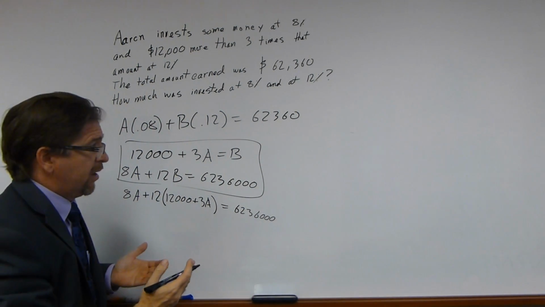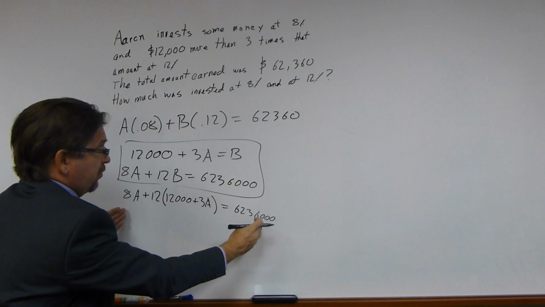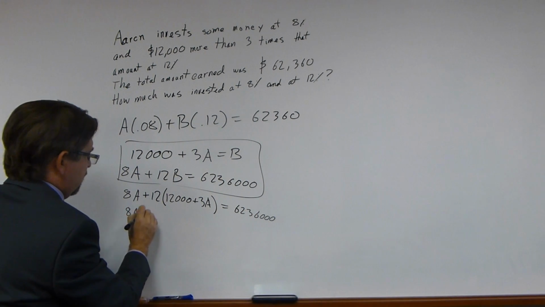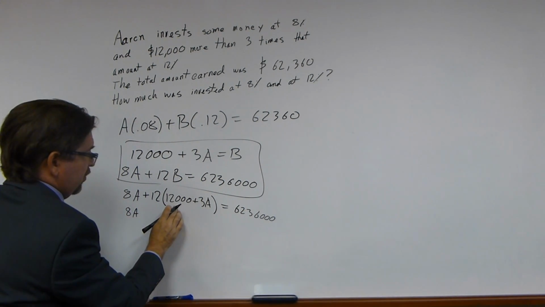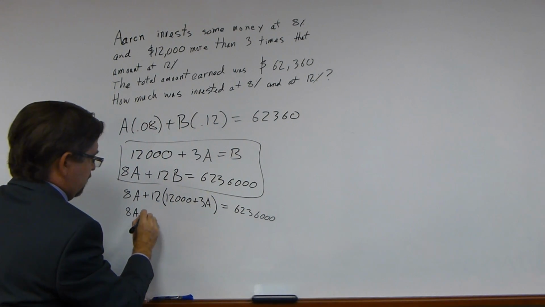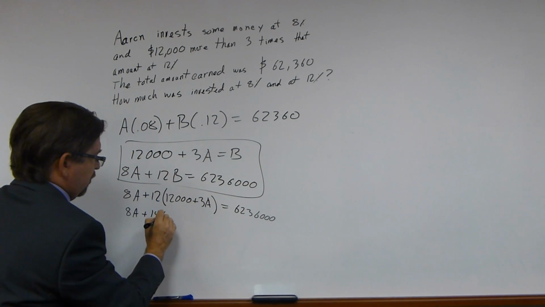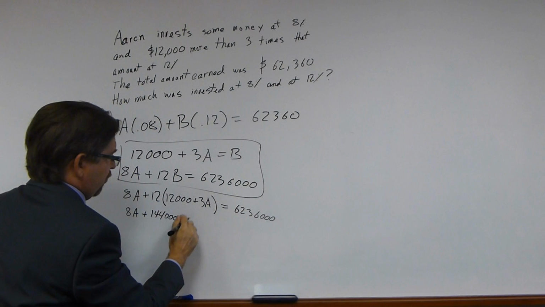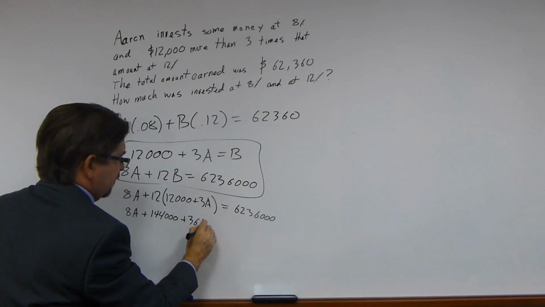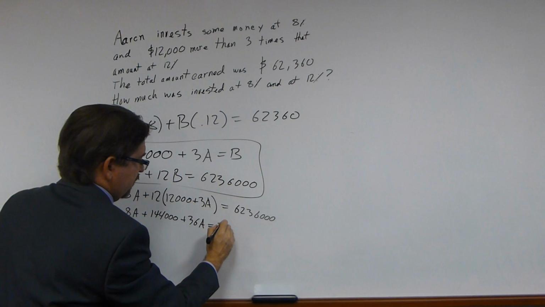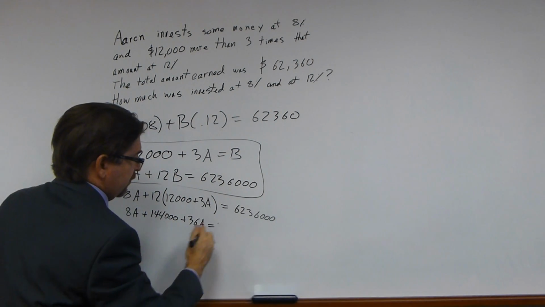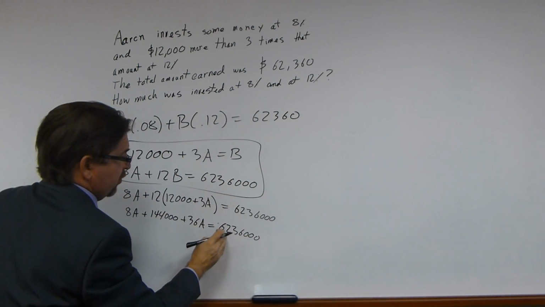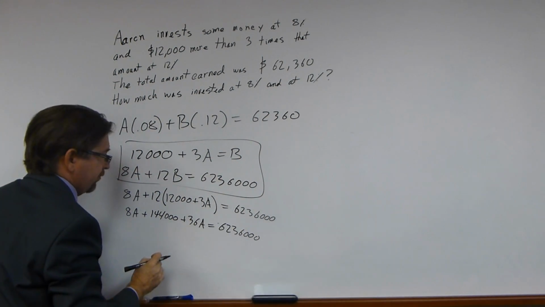Now it's just a matter of putting our numbers through. 12 times 12,000, I'll put into a calculator, gives 144,000. 12 times 3 gives me 36a, equals this crazy big number over here, 6,236,000.